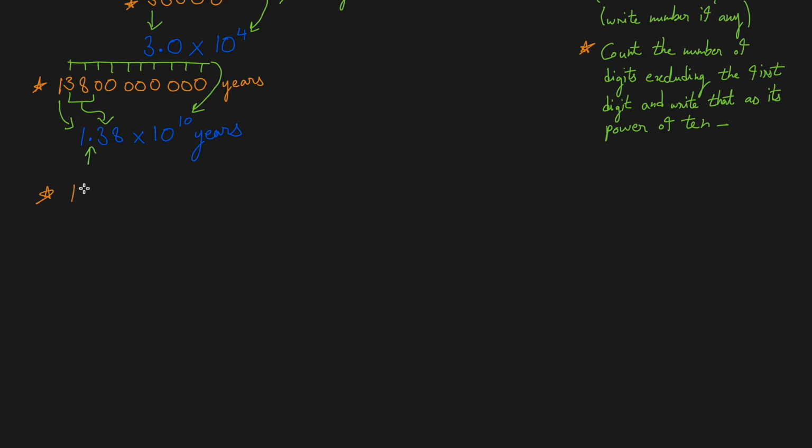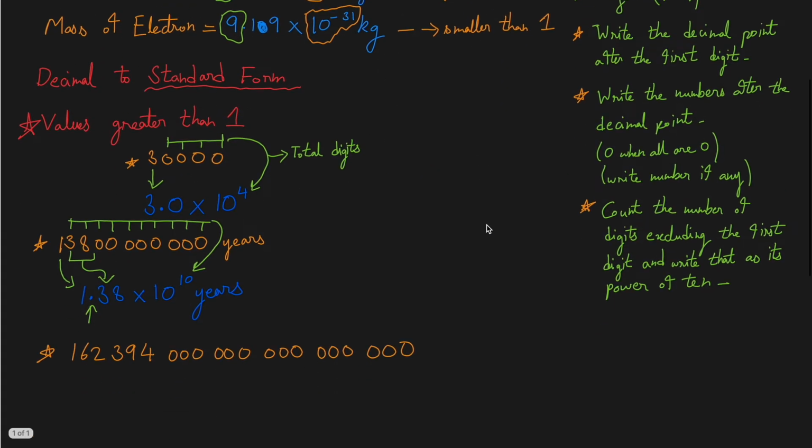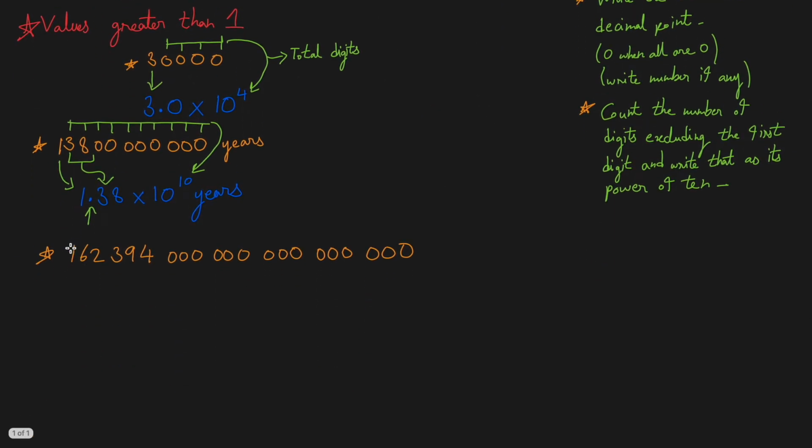1 6 2 3 9 4, and then a long string of zeros. I think this many zeros will be enough. Now how do we write it in standard form? Well, rule number 1, the first digit will be non-zero. We already know it is non-zero, but we will write it as it is: 1.